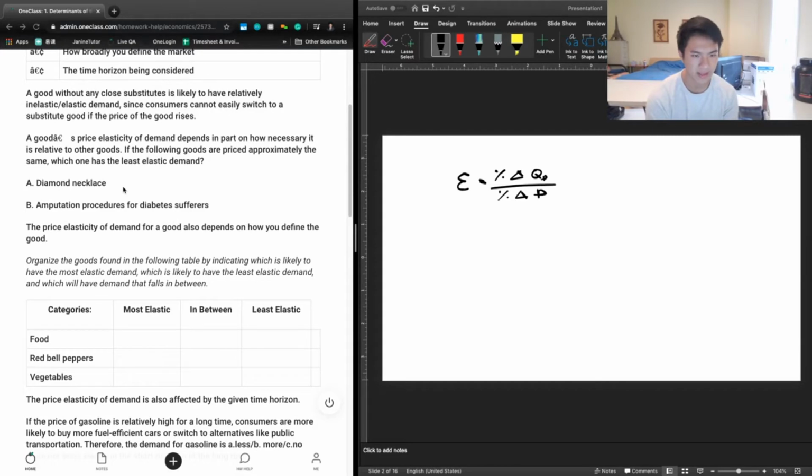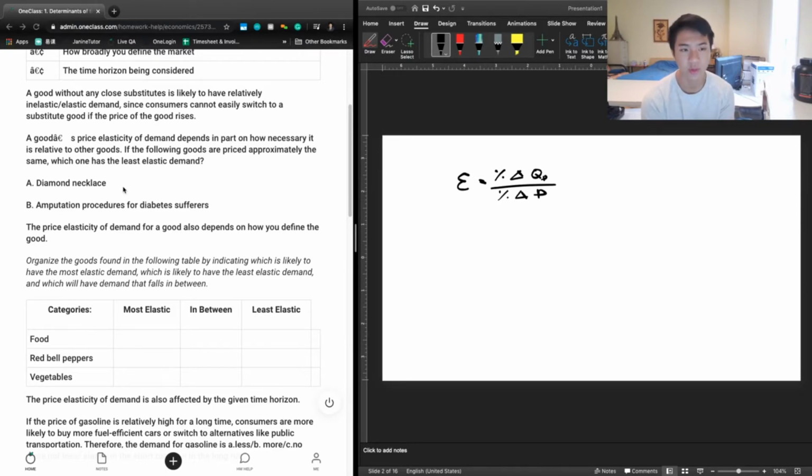A good's price elasticity of demand depends in part on how necessary it is relative to other goods. If the following goods are priced approximately the same, which one has the least elastic demand? And so this is going to that question of necessity, and it gives us two options, a diamond necklace or an amputation procedure for diabetes sufferers. So the question asks us for which one has the least elastic demand, aka the most inelastic demand.